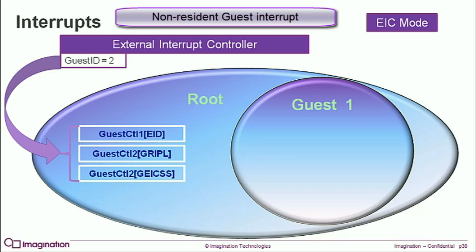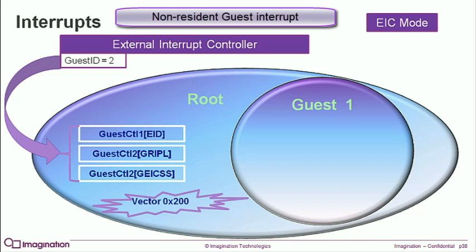It will then deliver the interrupt to the root bus and write the guest intended to the external interrupt controller guest ID field of the root guest control 1 EID. Then it writes the guest interrupt priority to the guest request interrupt priority field and writes the EIC shadow register set number to the guest EIC shadow register set field.